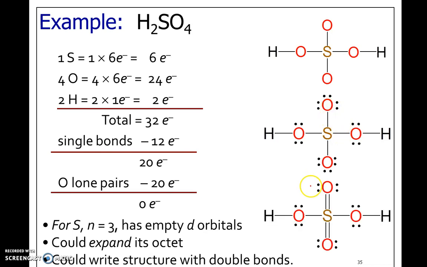And so what you'll see is we can take 2 of these electrons and move them to form a bond. We could take 2 of these electrons and move them to form a bond. So sulfur has 2, 4, 6, 8, 10, 12 electrons around it. So 1, 2, 3, 4, 5, 6 bonds. And it's fine with that.